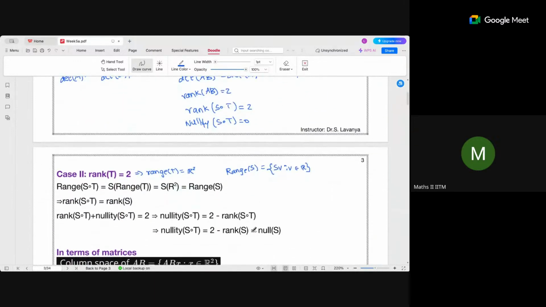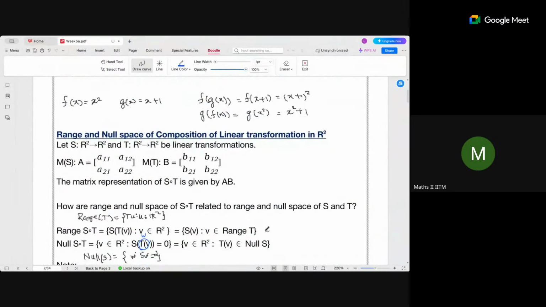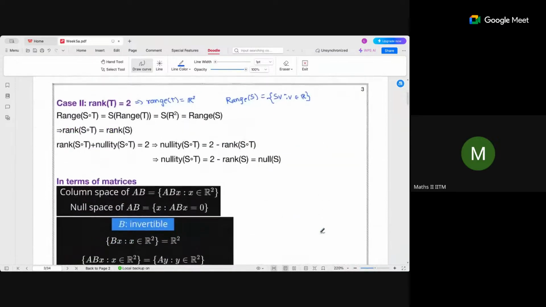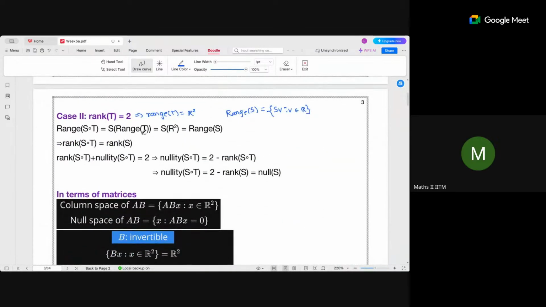So here also maybe I'll write. This is nothing but S of range of T, right? So the image of the subspace range of T, but range of T is R2, right? So can I rewrite this as S of R2? The range of S is nothing but S of R2, right?